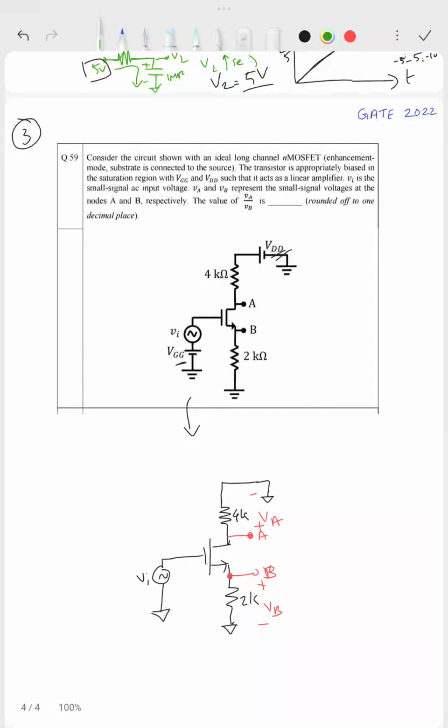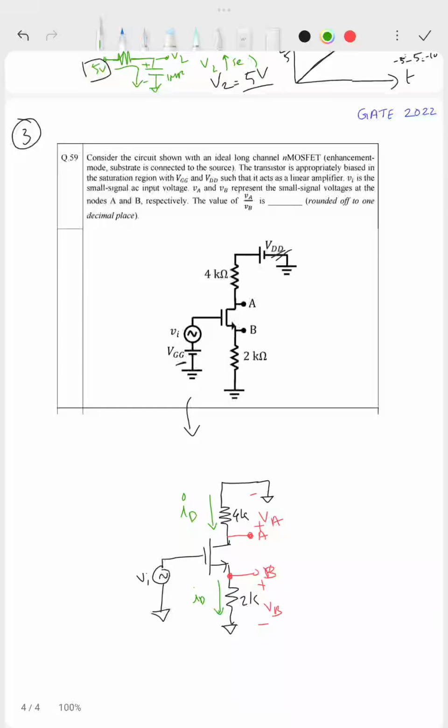We know this is the current ID, since it is biased in saturation. So there is a current ID and the same current ID will flow here. Since this is a small signal model, we have the small signal current ID flowing like this, and the same ID will flow through the source also, because it is in saturation.